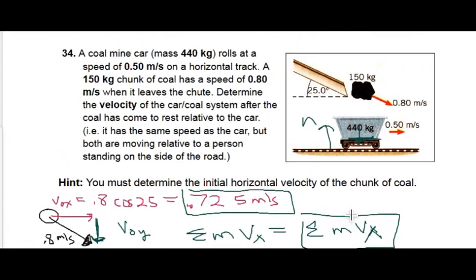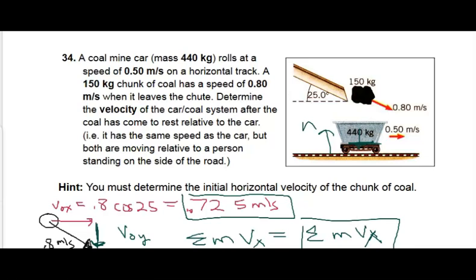I'm going to briefly talk, if you want to listen to that, about why that makes sense. Here's the cart that is moving. Since the coal is moving faster than that, it has inertia, it wants to keep going. So it's going to literally run into this front wall of the 440 kilogram coal mine car.